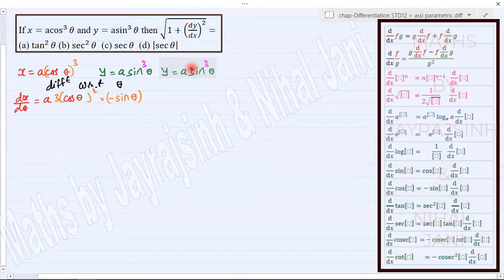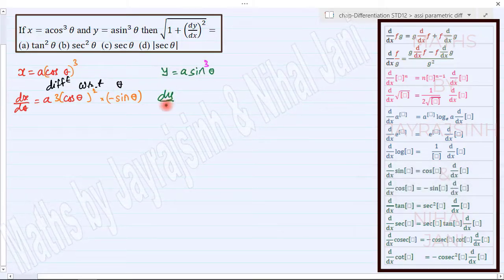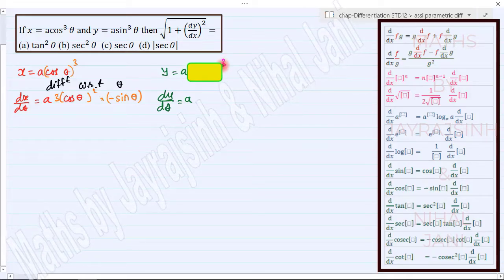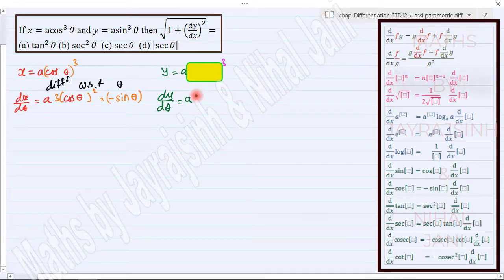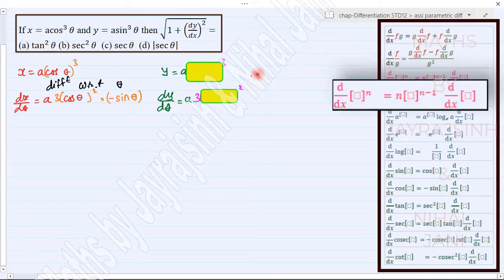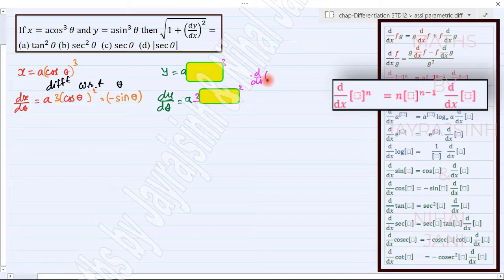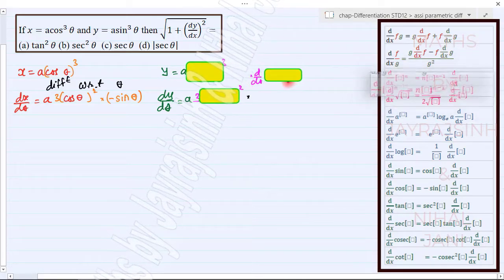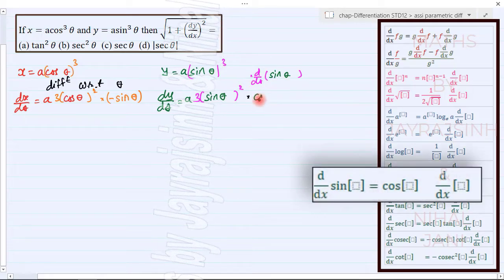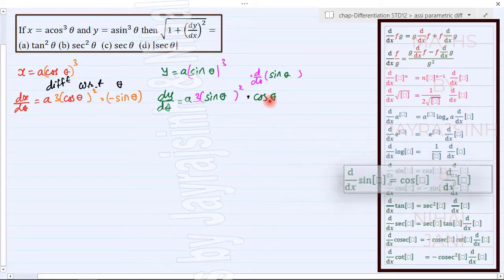And from the equation of y, we will get dy by d theta. a is constant. To differentiate sin cube theta, we have to consider a box around the sin theta. So differentiation of box raised to 3 will be 3 box square into d by d theta of box. Within the box we have sin theta. So differentiation of sin theta will be cos theta.